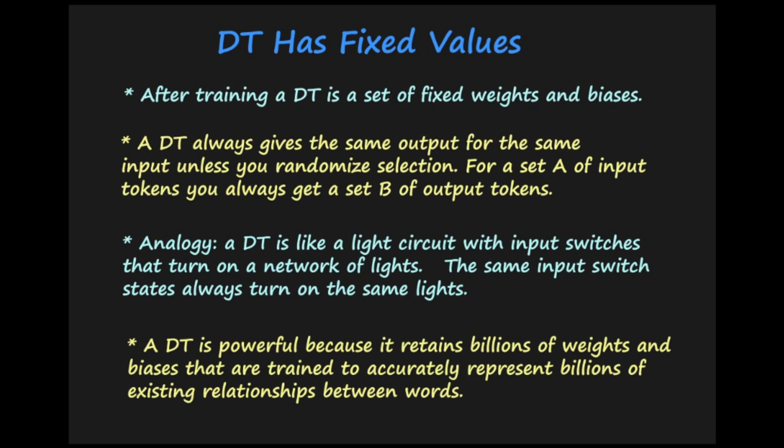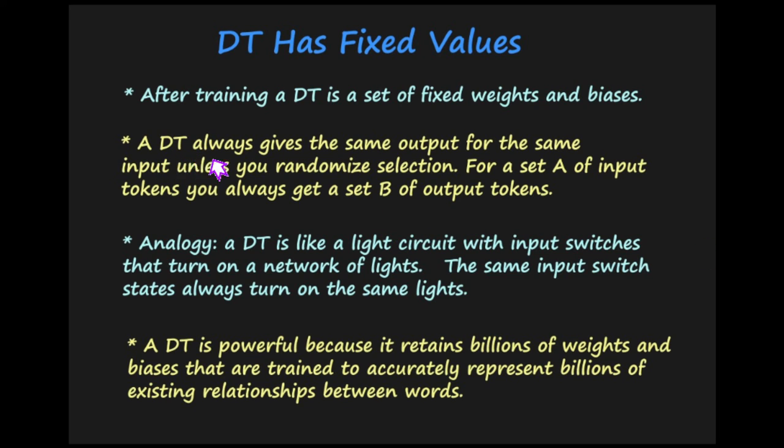Okay, now to the final slide. I wanted to mention that the decoder transformer has fixed values. Once trained, it's a fixed set of weights and biases. So this is the final slide of our three-part lecture.